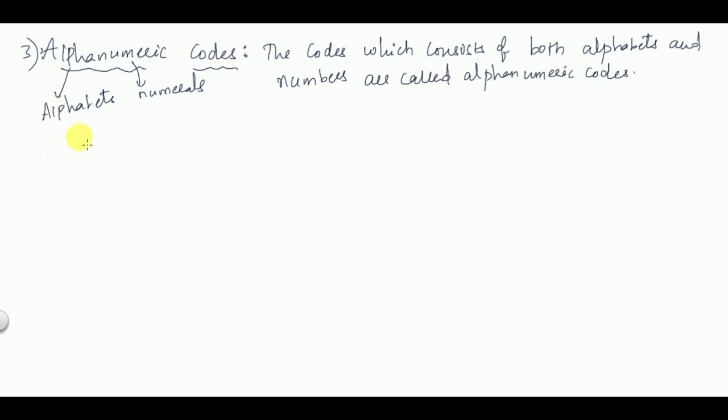There are two main types of alphanumeric code.